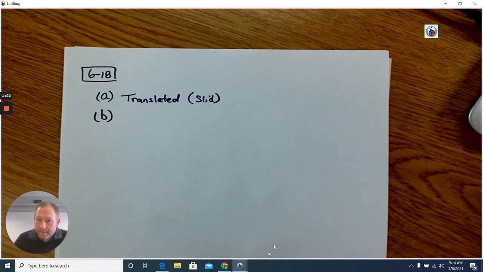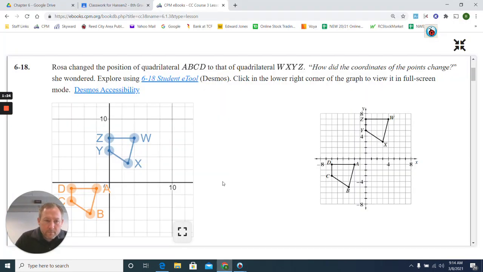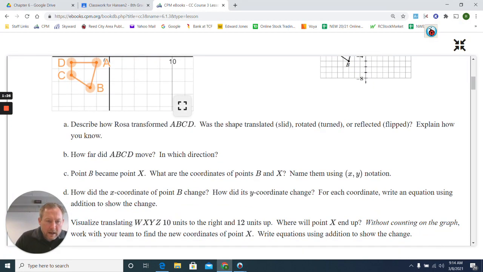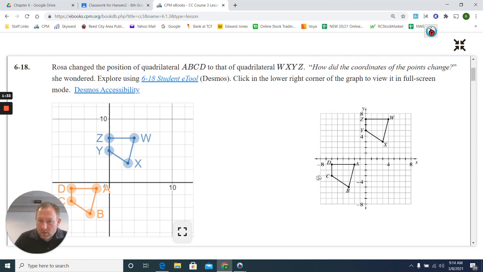Part B. How far did A, B, C, D move, and in which direction? Well, what you want to do is find 2 points that match. So point A matches with point W. So A moved 1, 2, 3, 4, 5, 6 to the right.